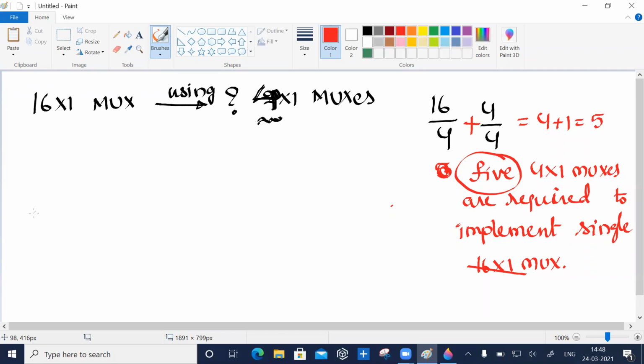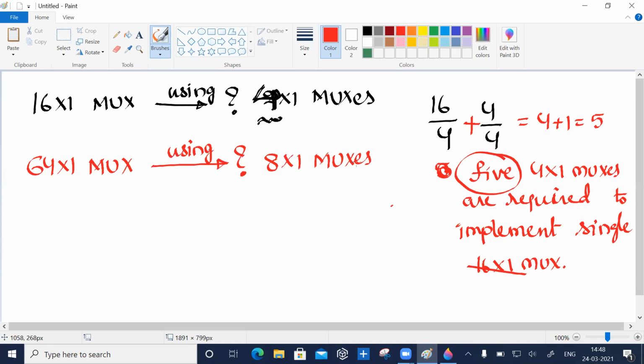For example, if I ask you, I want to implement a 64 by 1 mux using how many 8 by 1 muxes? Simple. What do I do now?